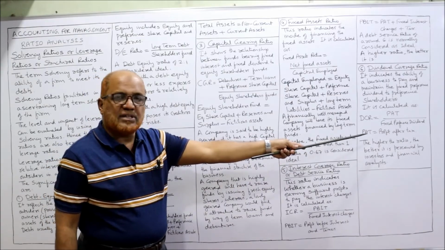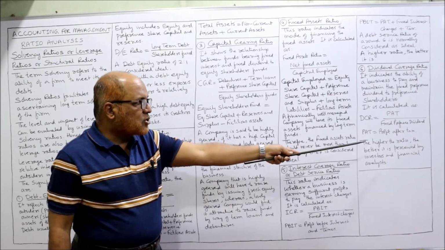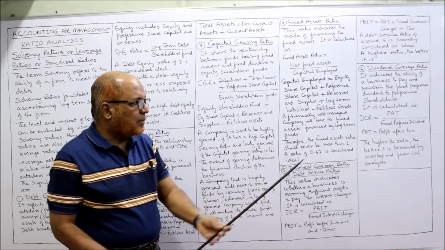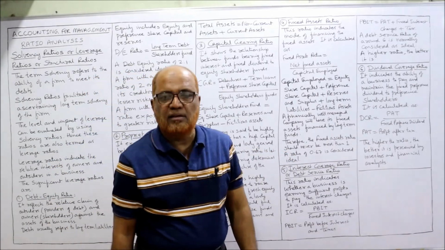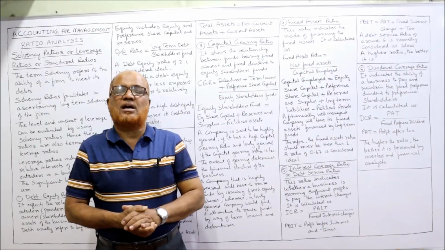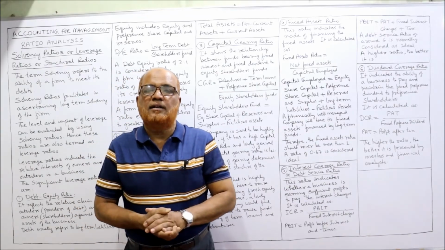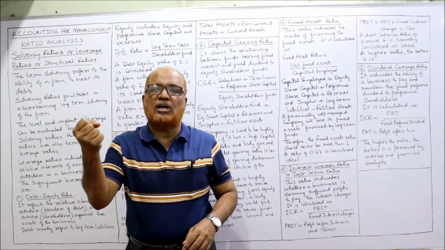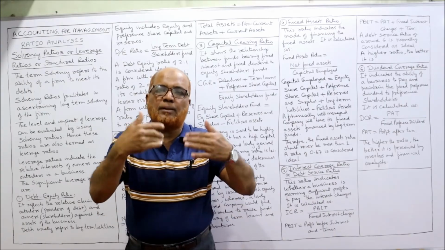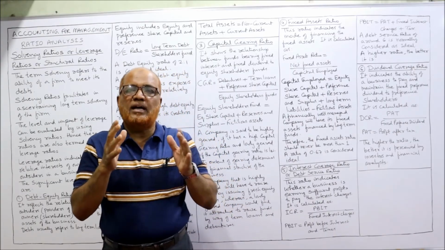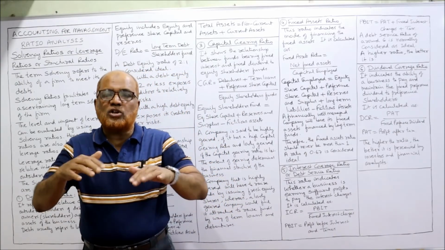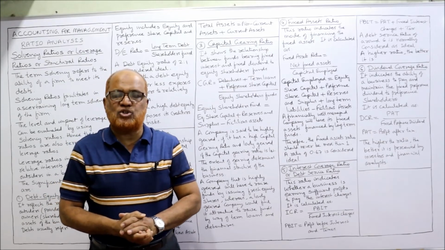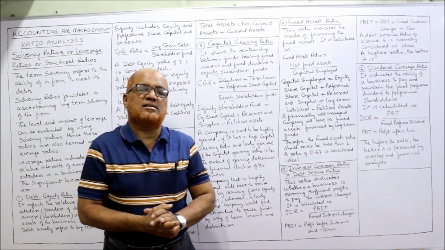PAT stands for profit after tax. The higher ratio, the better it is perceived by investors and financial analysts. A higher dividend coverage ratio indicates that the business is having sufficient profit to pay the preference dividend. That's why it is important for prospective investors in preference shares and financial analysts.